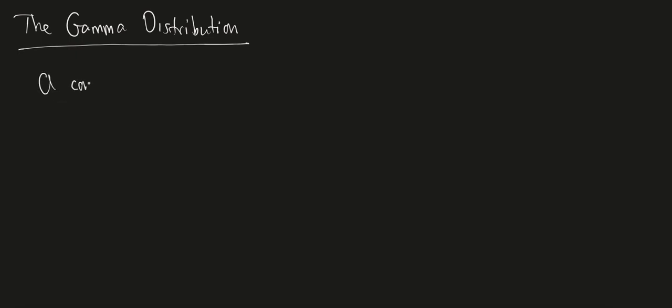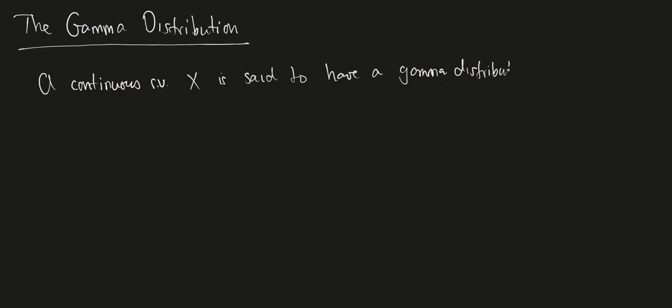A continuous random variable x is said to have a gamma distribution if the PDF of x is this function. All right, and it's a little messy, right?